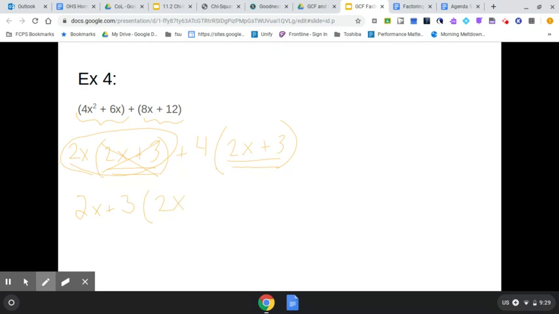And if we factor it out of our second grouping, we have positive 4. All right, so this is our factored form. We have the common residual of 2x plus 3 times the factor 2x plus 4.